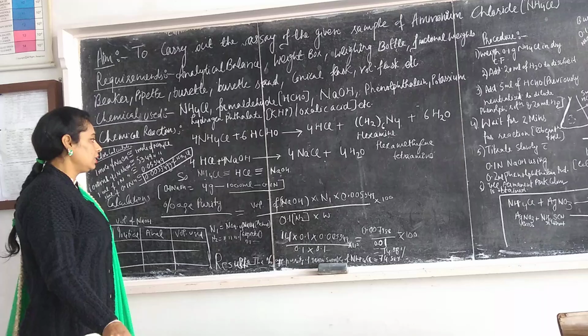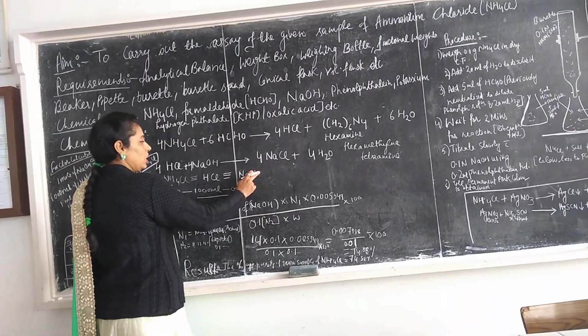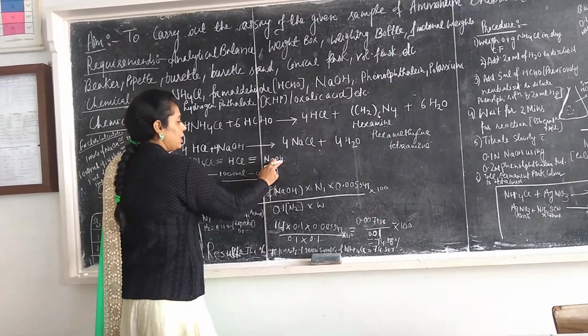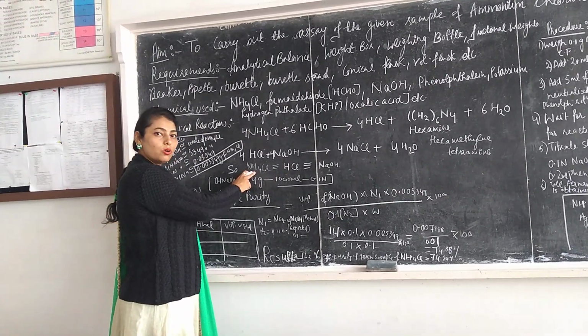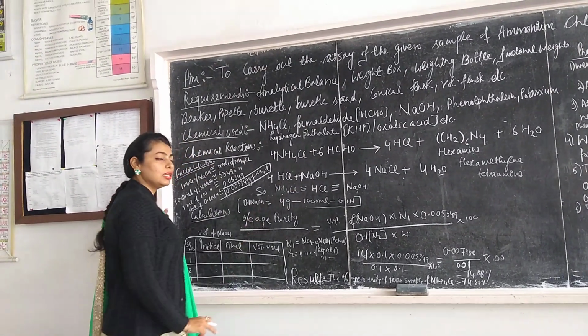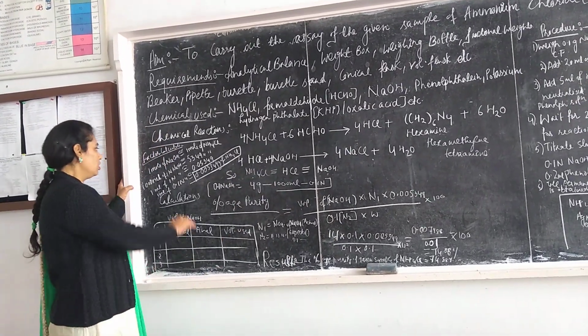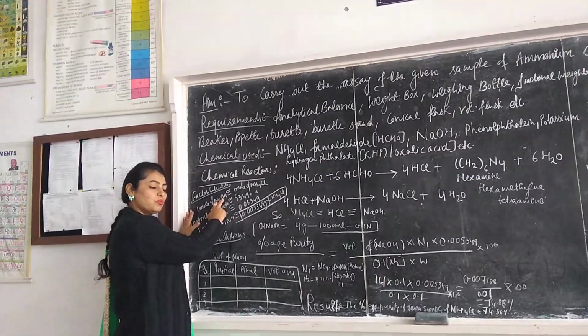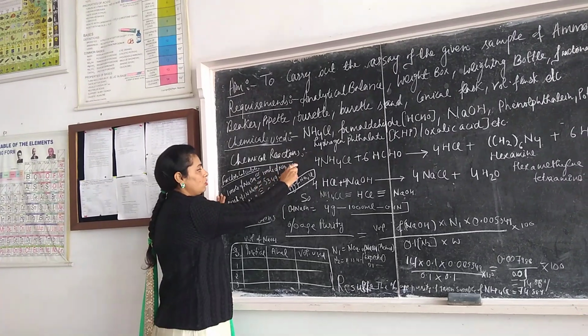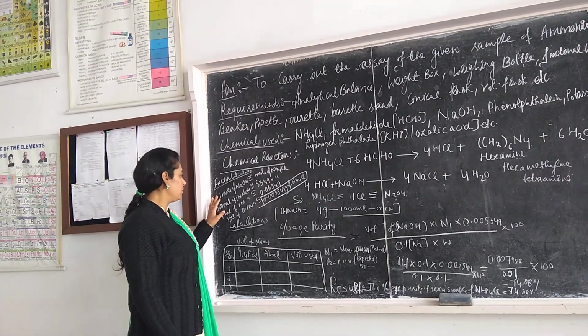So I can say 1 mole of NaOH is equivalent to ammonium chloride. So I can calculate my factor from this particular reaction. 1 mole of sodium hydroxide is equal to 1 mole of ammonium chloride.